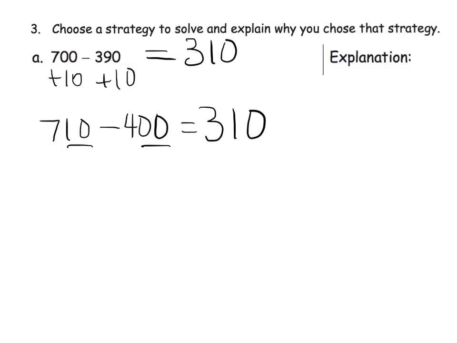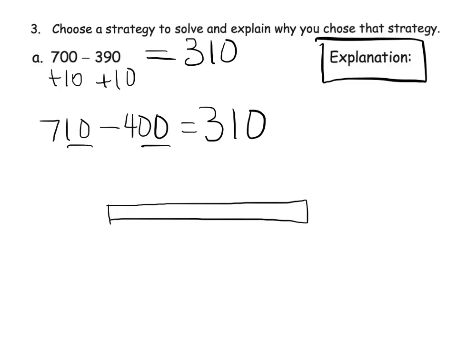Now for our explanation, instead of giving you words, I'm going to give you a picture. If we were to make a tape diagram, here's our tape diagram for 700, and here's our tape diagram for 390. So here's 700, and here's 390, and this gap right here is our answer to 700 minus 390.